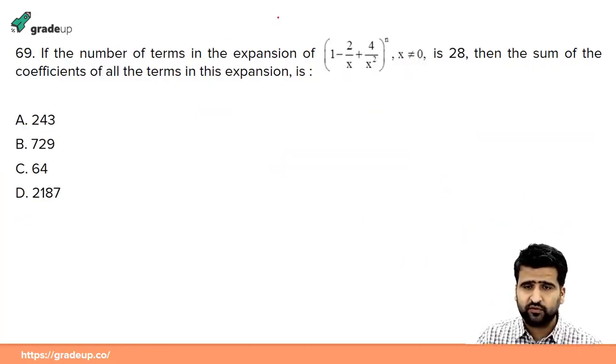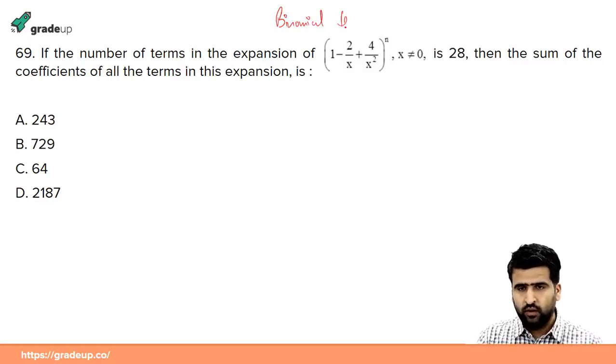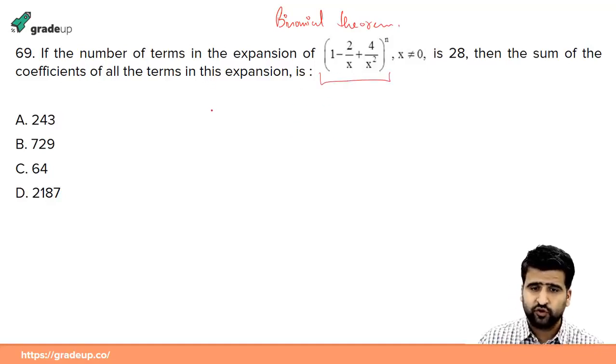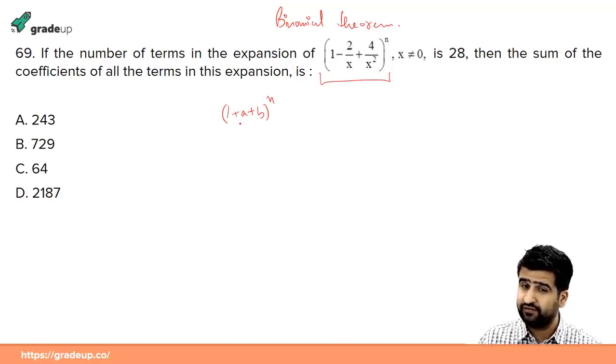So the next question is from the topic binomial theorem. So number of terms in this expansion. So you have an expansion of the form 1 plus a plus b to the power n. Alright, so you have 3 terms over here.